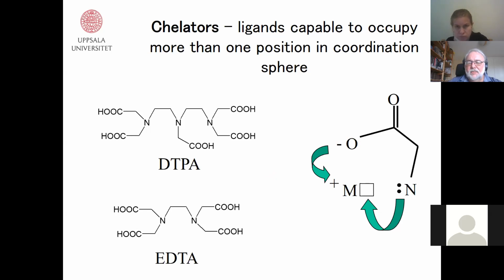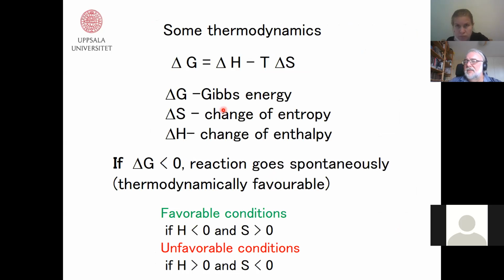To understand this, we go to the very basic science in every natural research area, thermodynamics.